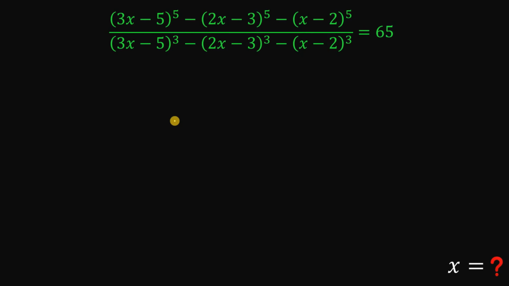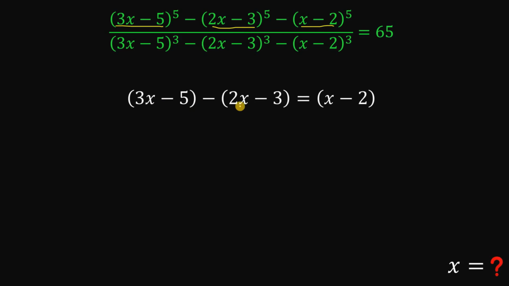Alright, so first thing is to observe the given. One way to notice is this expression: 3x minus 5, 2x minus 3, and x minus 2. So take note, 3x minus 5 minus 2x minus 3 is equal to x minus 2.